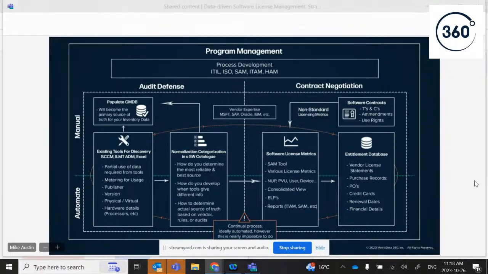The challenge is, if you just think about some of the things that I just said, I'm getting data from multiple tools. I'm getting different types of data: user data, API calls, storage, all that sort of stuff from a licensing metric perspective. How do we understand what the best source of that data is? This is where we start to move a little bit to the right in this normalization and categorization of software, into a software catalog.